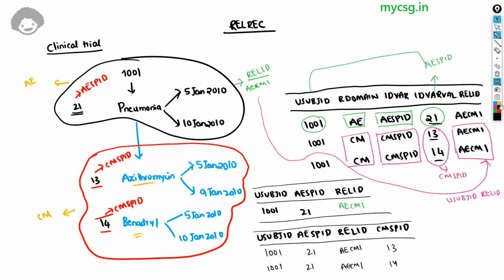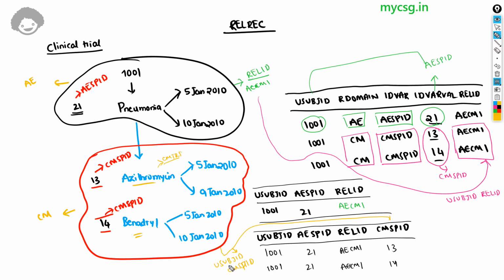So in the third step, we merge our CM dataset to this dataset at the subject and CMSPID level, so USUBJID and CMSPID. The treatment information is stored in a variable called CMTRT. The azithromycin and Benadryl will be present in the variable CMTRT.